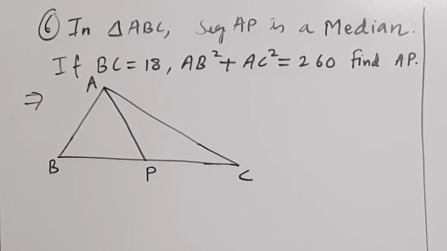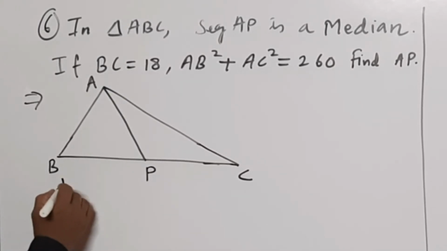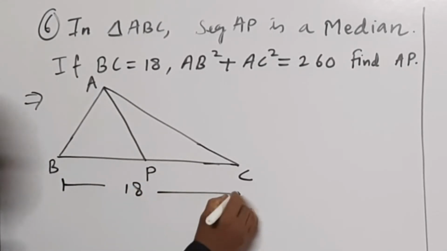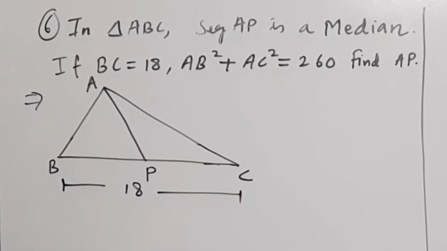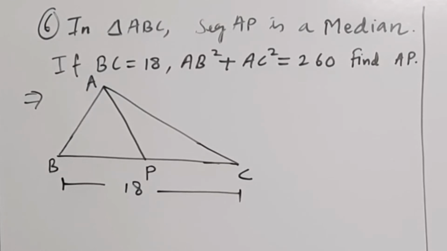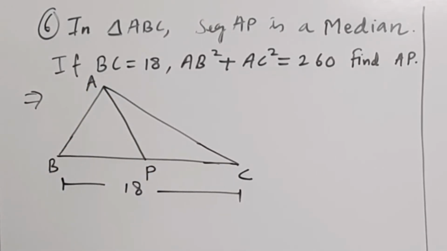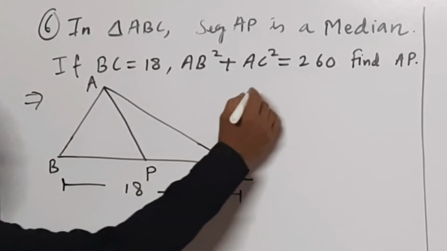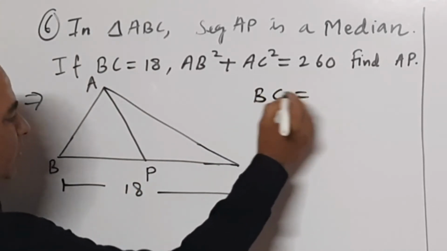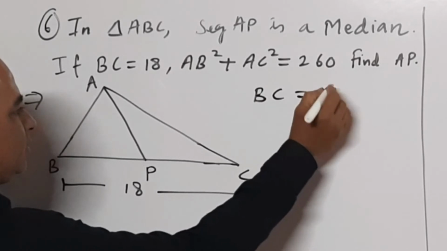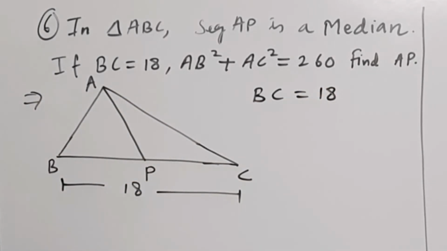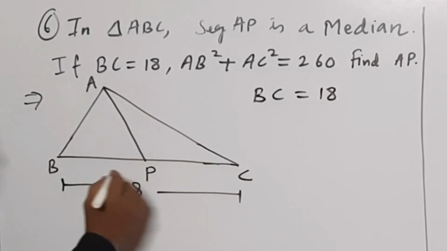In triangle ABC, segment AP is the median. If BC is equal to 18 units, AB square plus AC square is 260. Find the length of median AP. So here BC is equal to 18. AP is the median, P is the midpoint of BC.